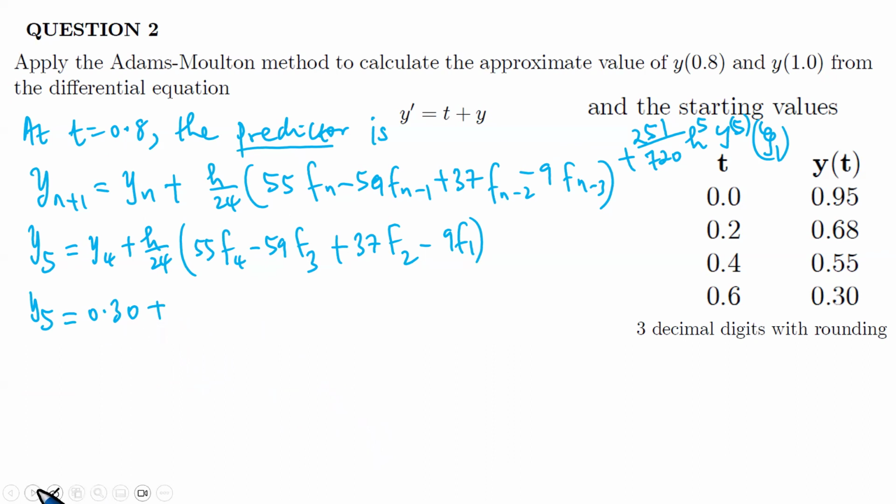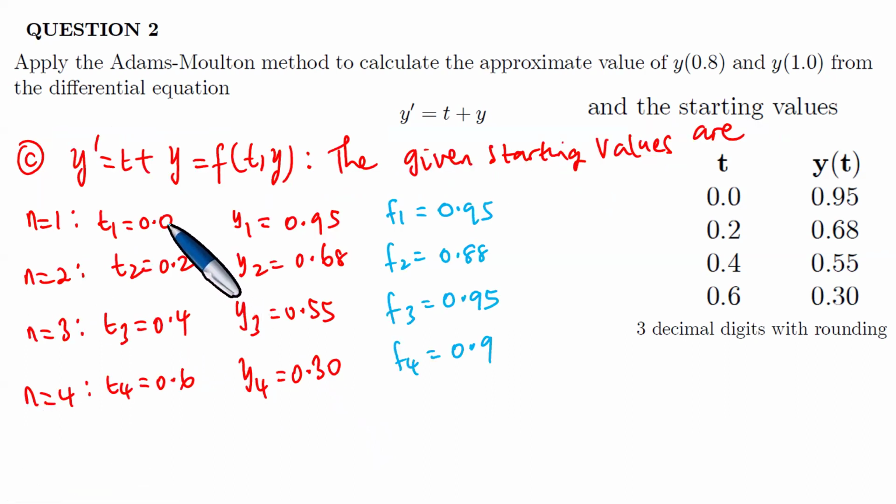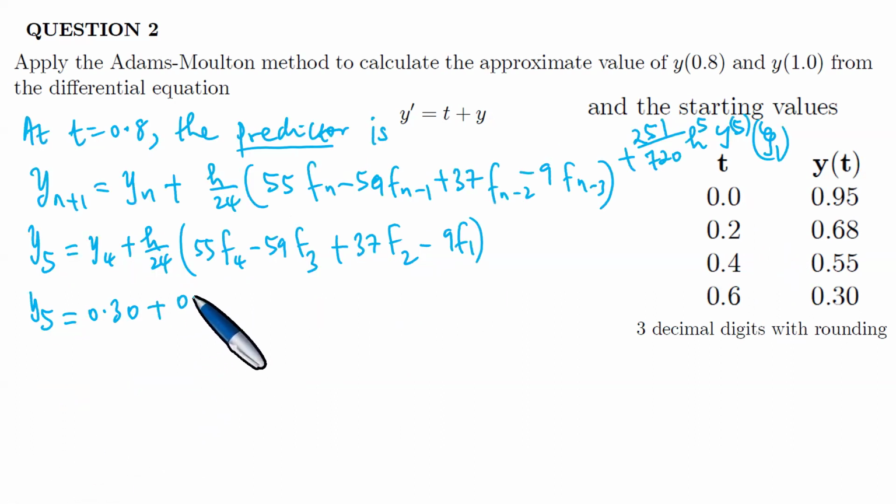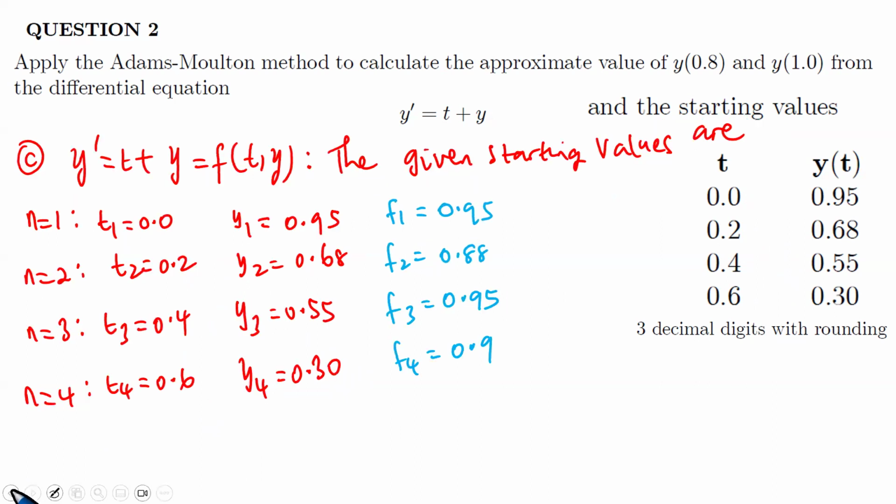So now, obviously, the fact that this is 0.0, 0.2, 0.4, 0.6, the difference here is 0.2, which means that H is 0.2. F4 is 0.9.